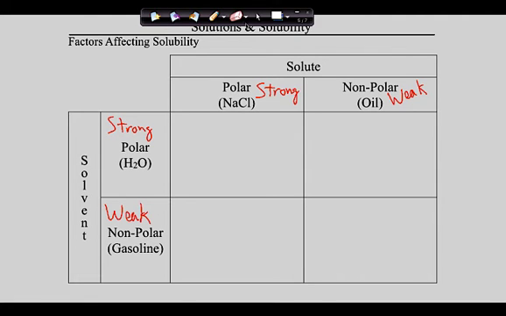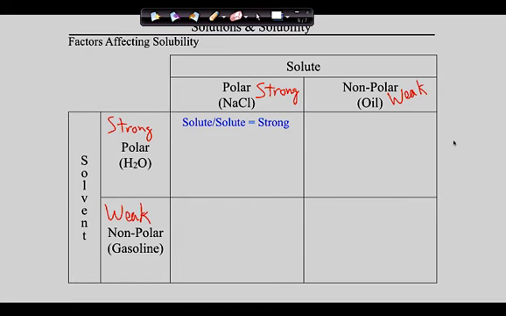Okay, so now guys, we're going to work our way around this table. Here's your goal, to figure out why these things do and don't dissolve into each other. So looking in the upper left-hand quadrant, here's what we know. The solute-solute interactions are strong. You see what I'm saying?